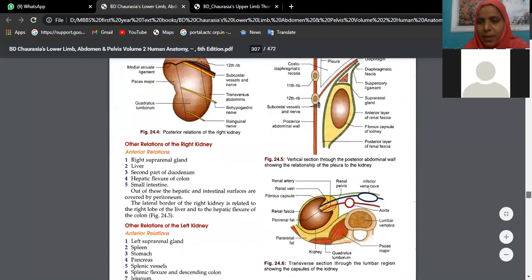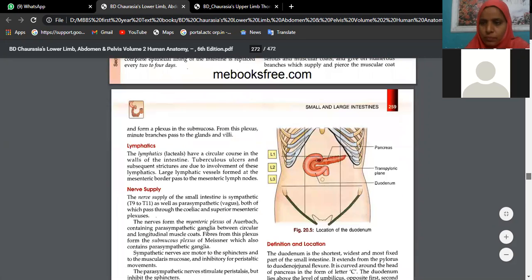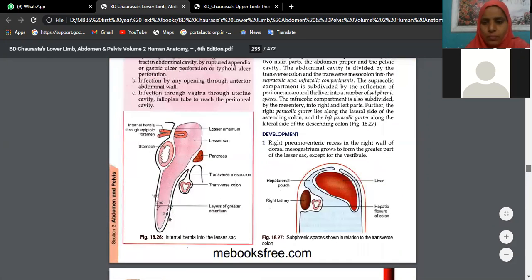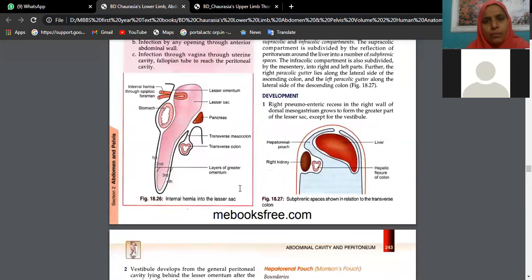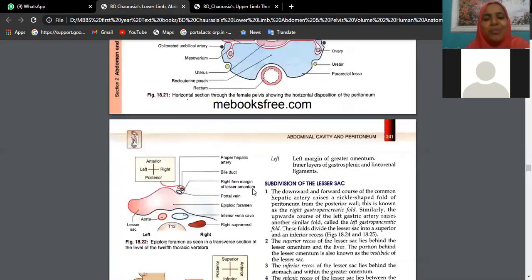How is the common bile duct formed, Ritika? Oh, nobody wants to speak.